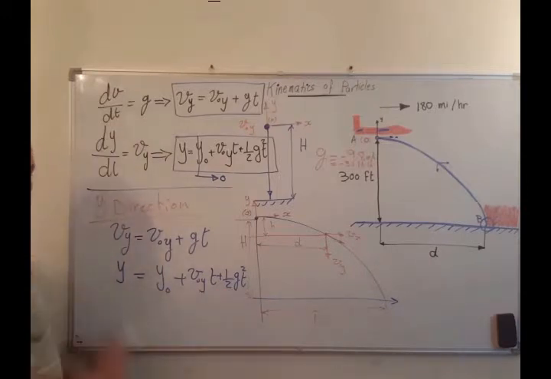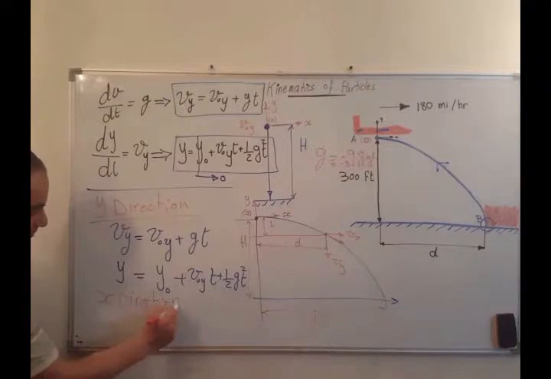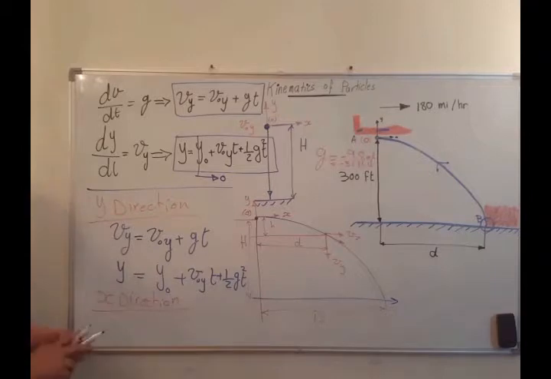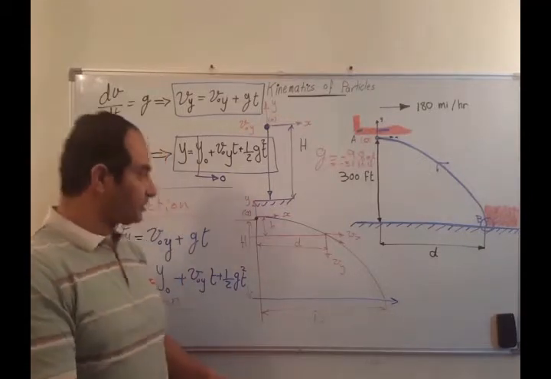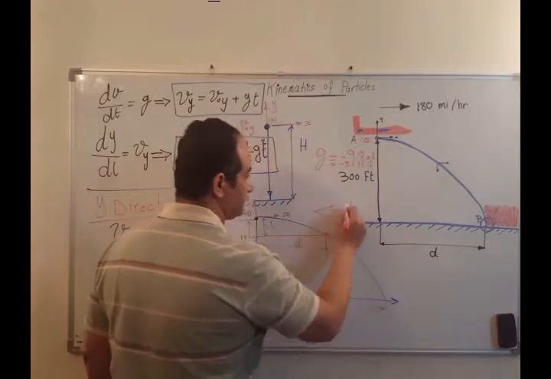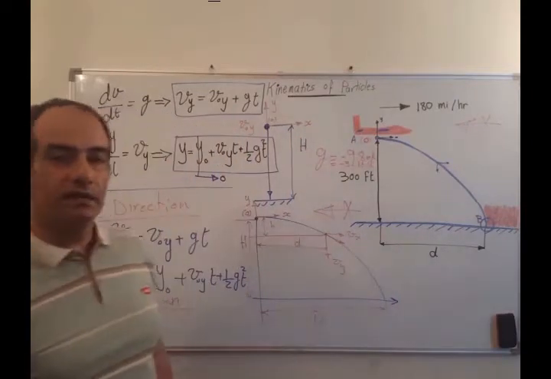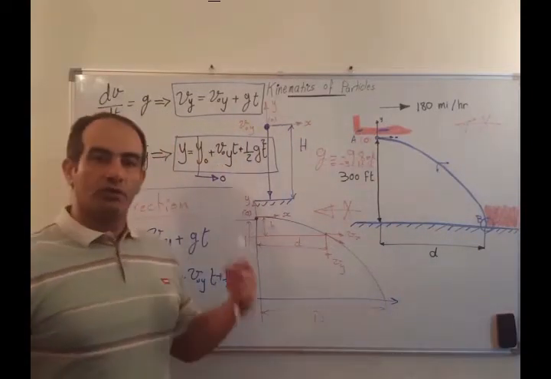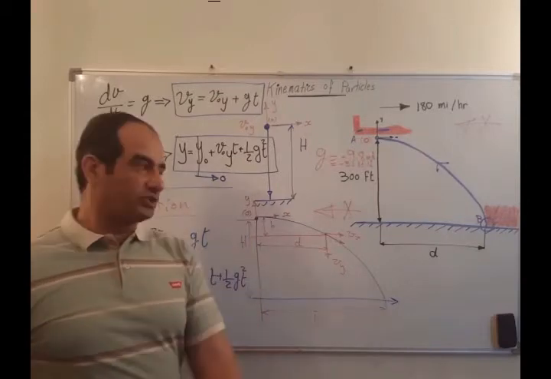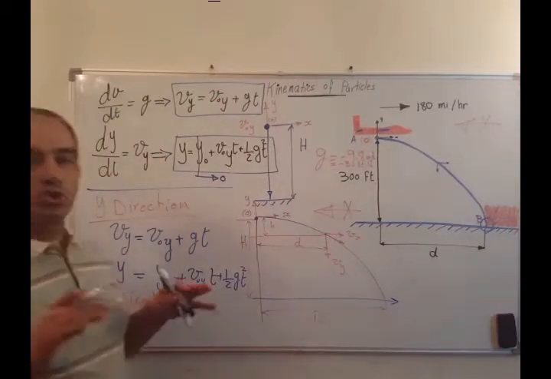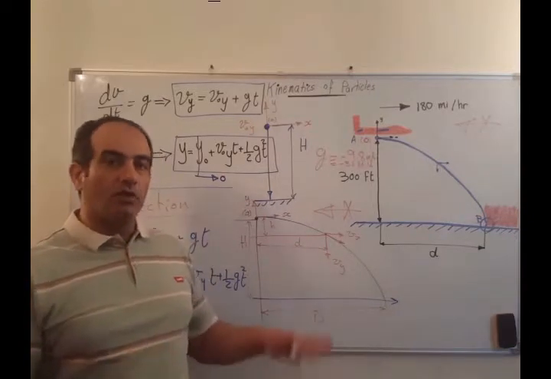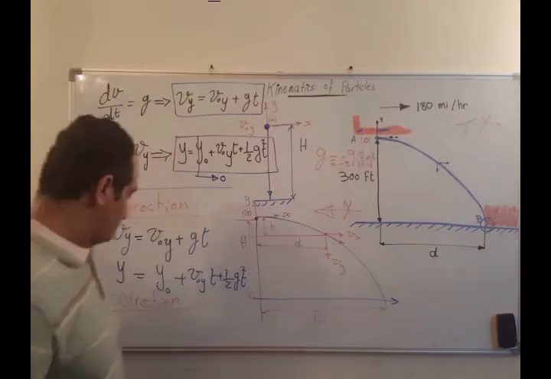This is for the y direction. We can also add the x direction, as we have general plane motion. I have two components for displacement and for velocities. As long as we have no resistance, no drag against the flying object or our flying projectile, the horizontal speed of our particle is constant.